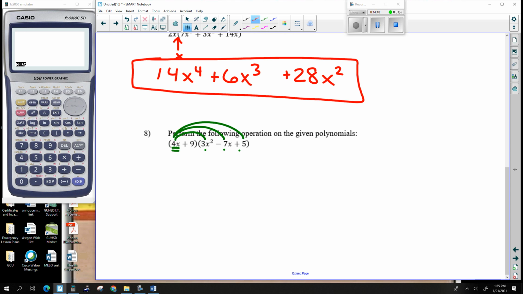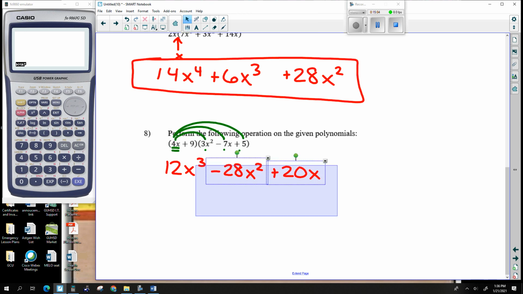So numbers multiply, exponents add. So 4 times 3, x with x squared, 4 times negative 7, x with x, 4 times 5, x with nothing. Okay, so that's the 4x, and it produces those answers right there.